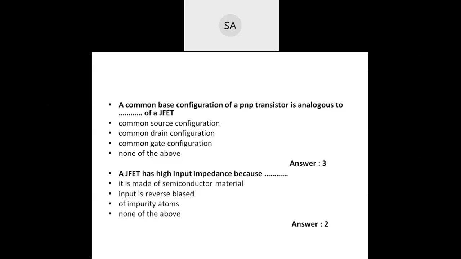But in the JFET it is high input impedance, because the gate to source voltage is always reverse biased. If the VGS gate to source voltage increases, the current decreases. That is, current is decreasing and impedance is high, because the input is reverse biased.